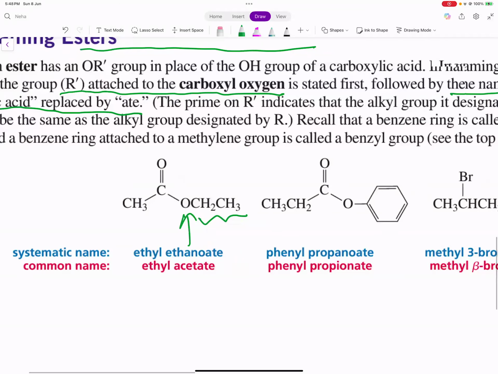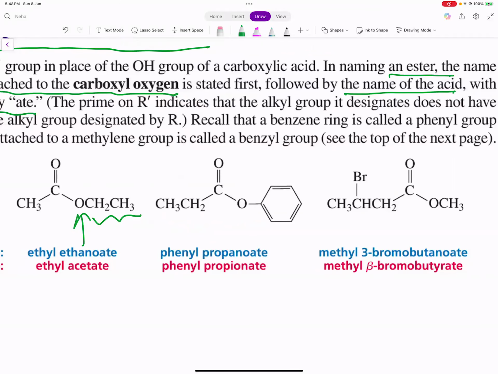Similarly, here again, we have to cite this group first, so I'll cite it: phenyl. This acid was propanoic acid, but since it is an ester, it is propanoate. So this becomes phenyl propanoate. Again, 1, 2, 3 and 4.